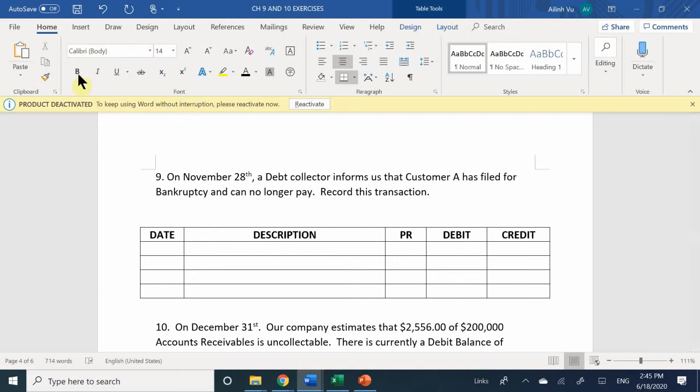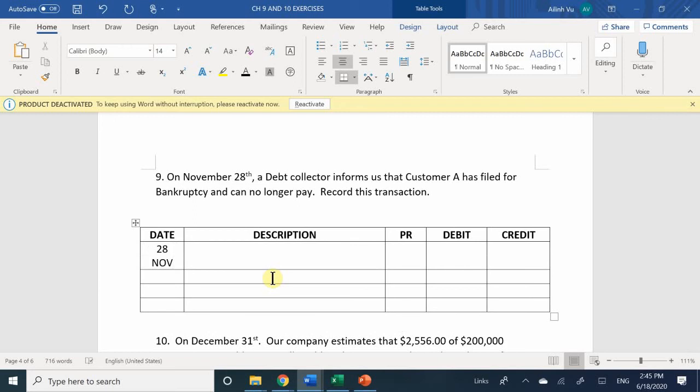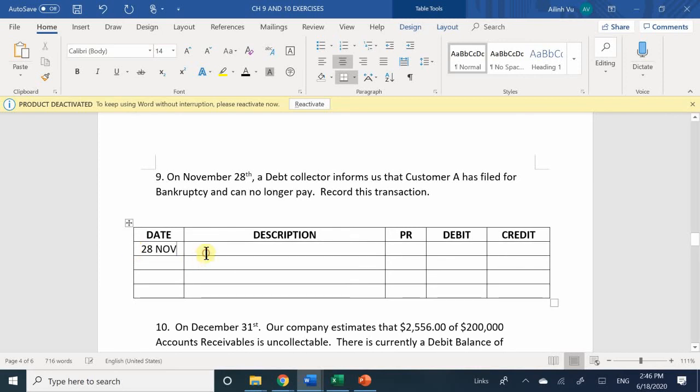November 28th, allowance for doubtful accounts, 476.25, and bad debt, and accounts receivable for 476.25. Am I in the ballpark? Hold on, let me see. Yes, the account is correct. So here we calculated all this, and that's correct.